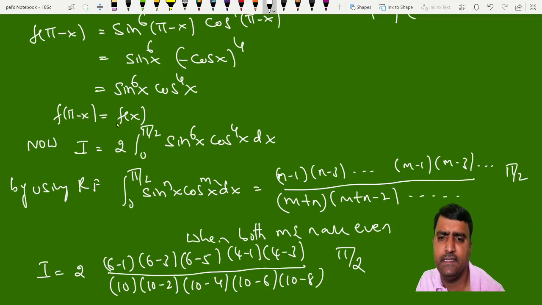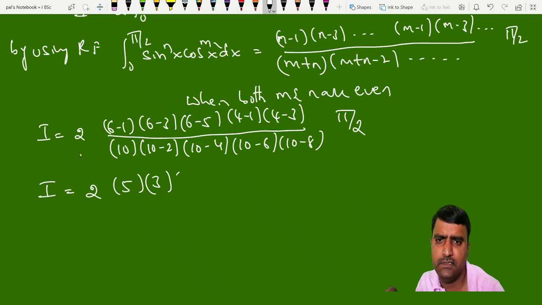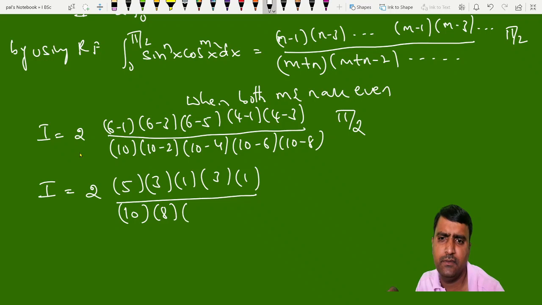So the next step is simplification. Simplifying this, I is equal to 2 into 5 into 3 into 1 into 3 into 1, divided by 10 into 8 into 6 into 4 into 2 into pi by 2.